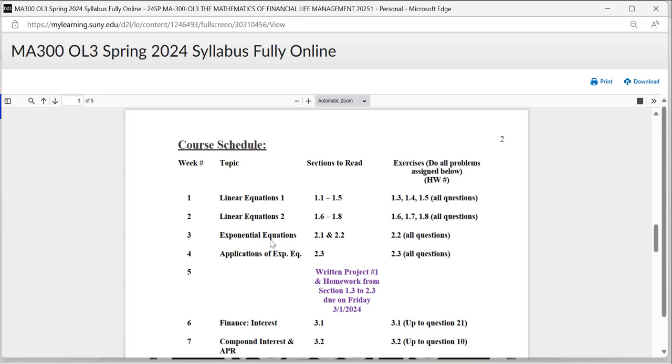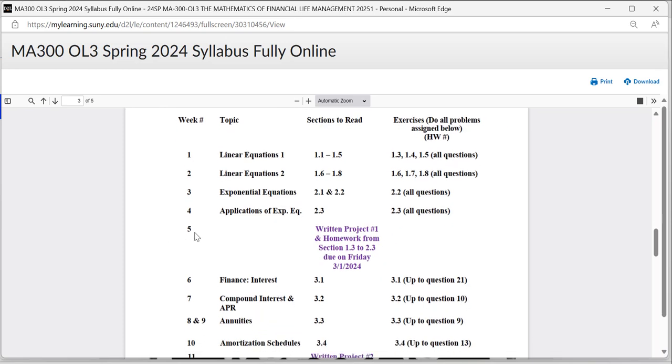Week 3, exponential equations, section 2.1 and 2.2. For section 2.1, no homework assignment. You're going to need to complete all the questions from section 2.2. And week 4, you're going to work on application of exponential equation from section 2.3. And you're going to work on all questions from section 2.3.